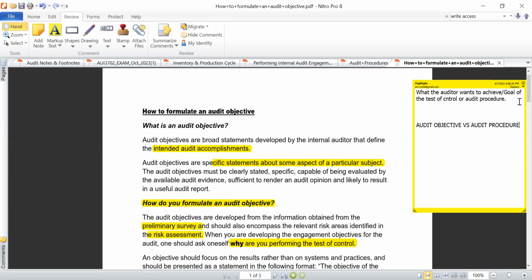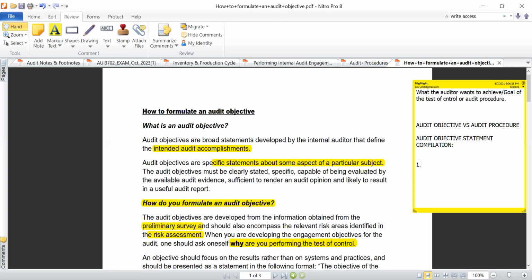Right, so now I want to start off by explaining how they want you to compile the audit objective statement. This is what you should be able to do in the exam. Audit objective statement compilation. How do they want you to draft an audit objective statement?